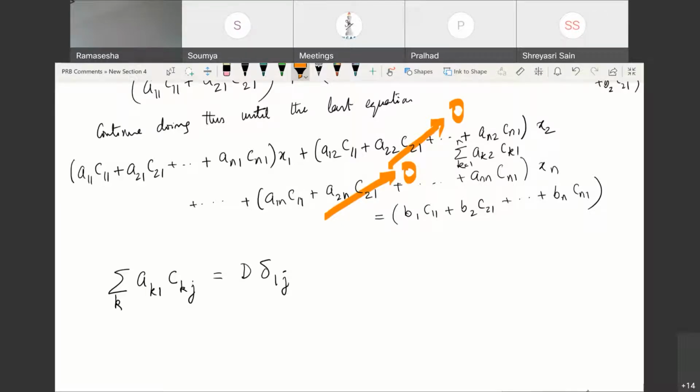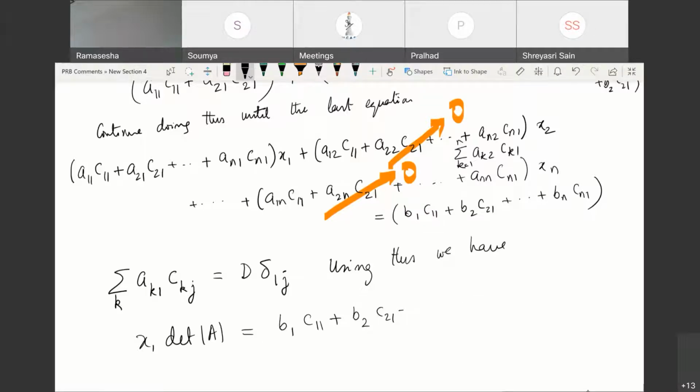Okay, so what it implies is the following. So using this, we have determinant A times x1. I can take x1 as common factor. That's equal to B1 C11 plus B2 C21 plus etc. plus Bn Cn1.